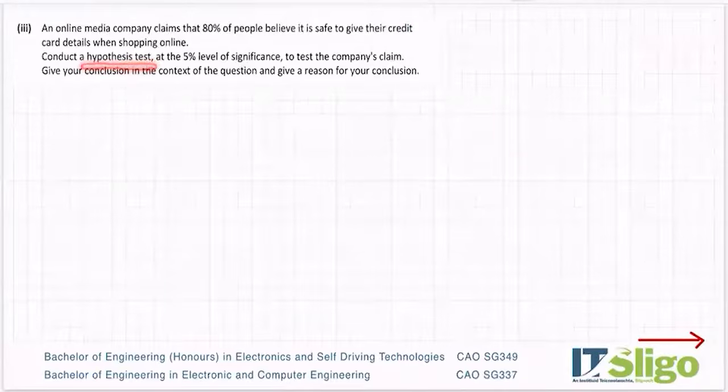Well, it's a test we use to test somebody's claim. So when someone hypothesizes, they make a statement about something, or they make a claim about something.